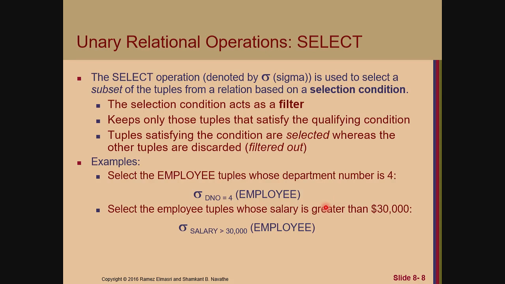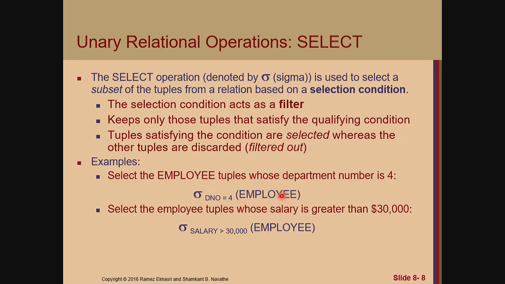If I give you the schema and some requirement like this one, select employee tuple whose department number is 4, you can write here the algebra: sigma DNO equal 4 from table employee.